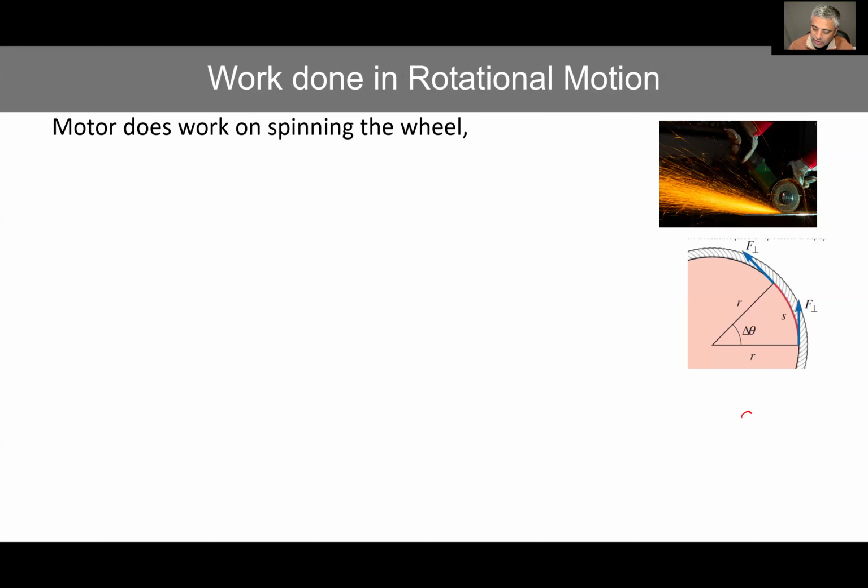Here, what you see is a wheel that's spinning really fast. Now, when you bring it in contact with that surface, what happens? Friction acts and friction does the work. Because of that, the amount of work done by friction gets out as sound energy, heat energy, light energy, and so on.